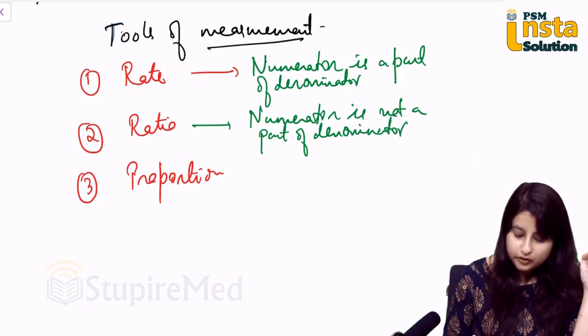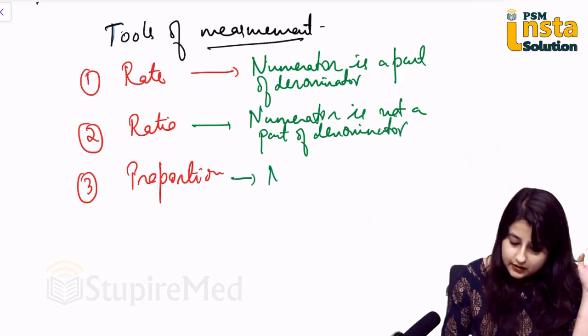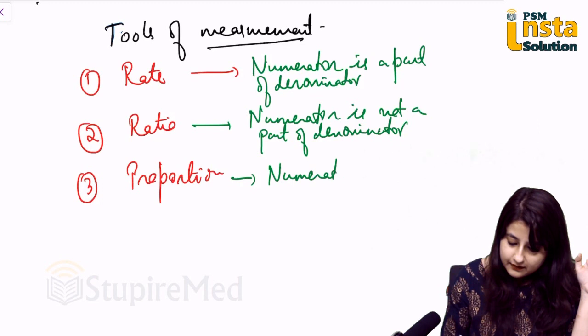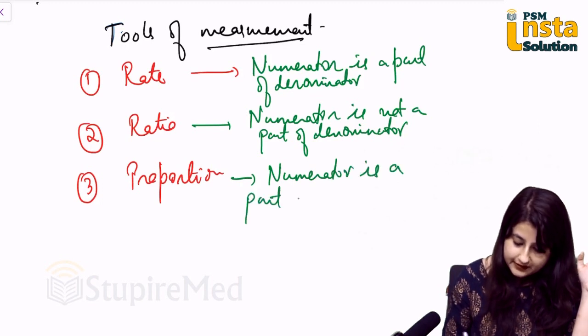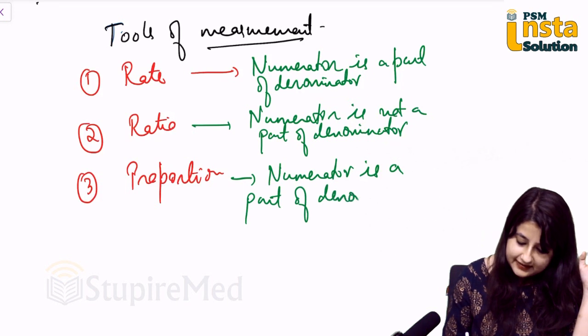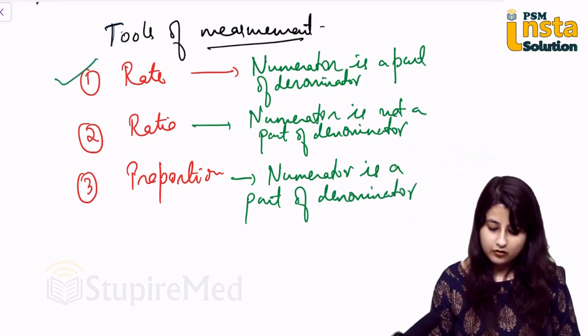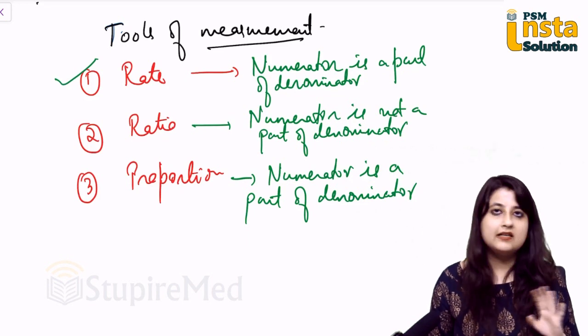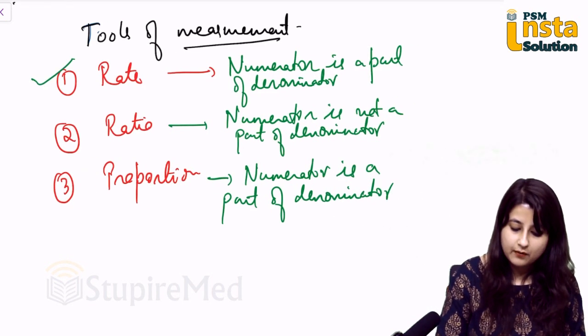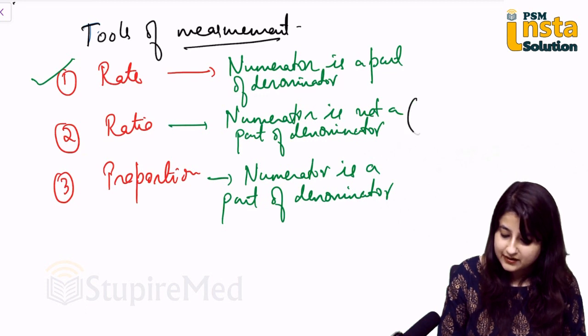And what is proportion? In proportion, the numerator is a part of the denominator. Now just look at these definitions. In rate, the numerator is a part of the denominator. Ratio is very clear, the numerator is not a part of the denominator, like we have sex ratio.